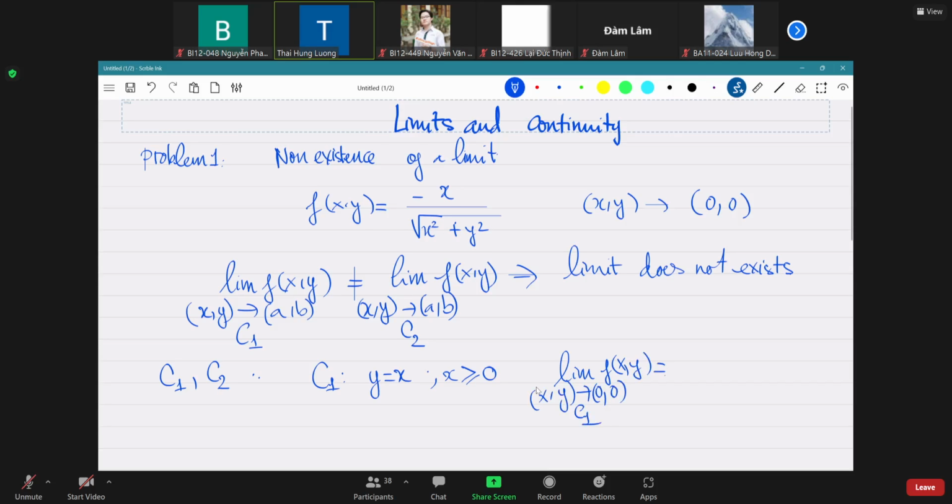Along this path, y and x should satisfy the relation y equal to x. So you put y equal to x into the formula of the given function. And of course, when x, y tend to 0 along this path, that means x tends to 0, and furthermore it should tend to 0 from the right, because I only consider x greater than or equal to 0.